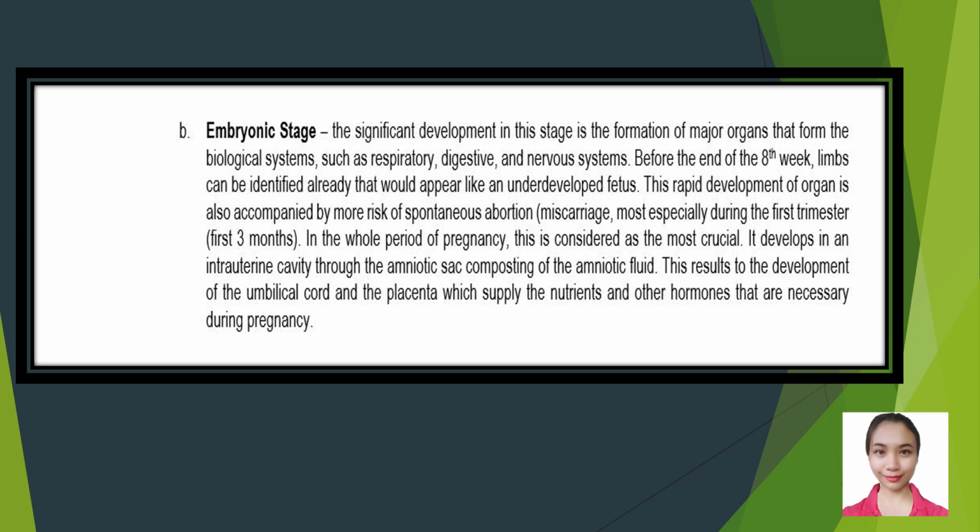At this point, the embryo weighs just 1 gram and is about an inch in length. By the end of the embryonic period, the basic structures of the brain and central nervous system have been established at this point. So the basic structure of the peripheral nervous system is also defined in this stage.